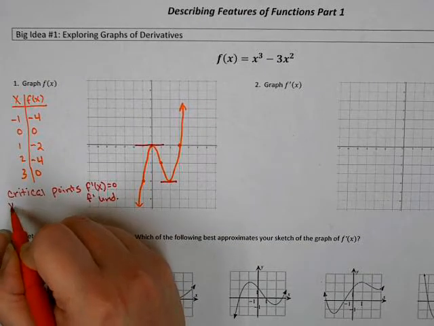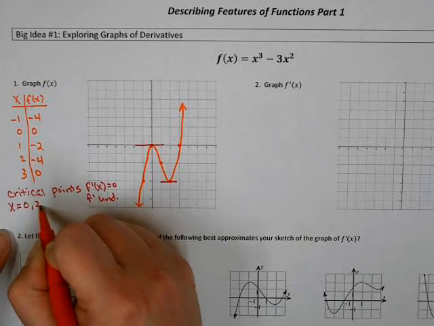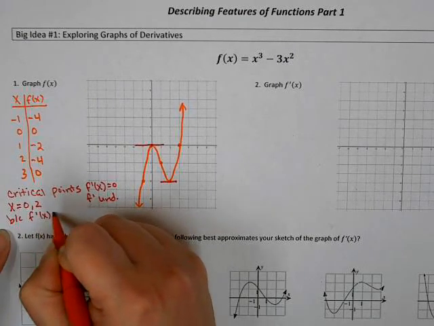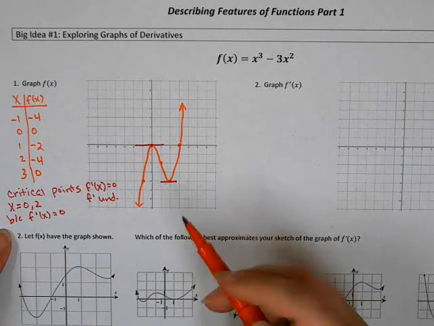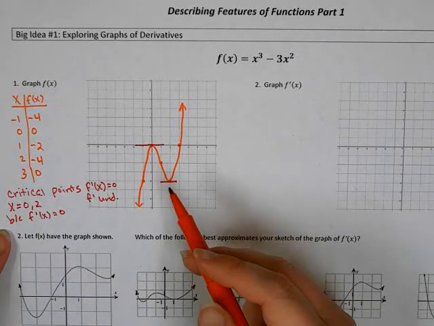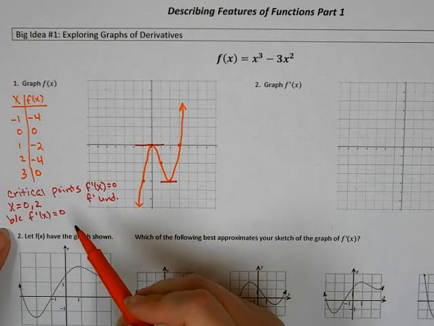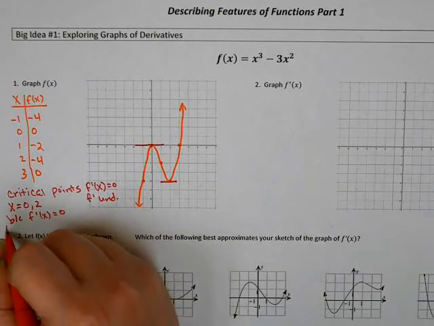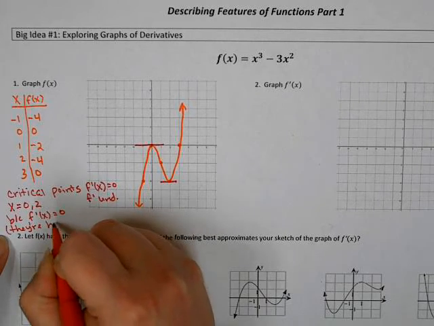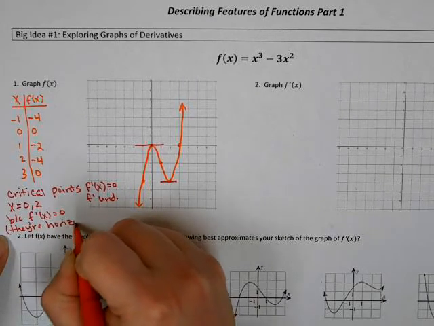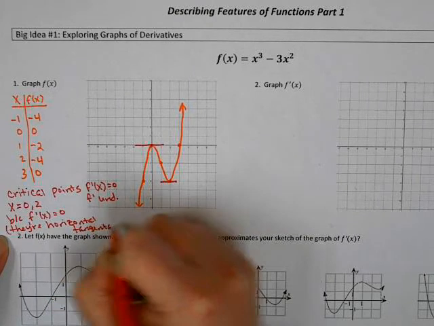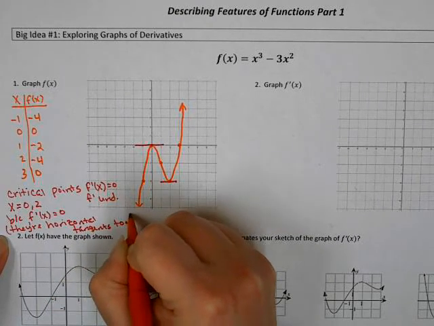So I have critical points at x equals 0 and 2 because f prime of x equals 0. There are no places here where the function is undefined because this is just a nice polynomial. Now if you notice, I also called them horizontal tangents. So I'm not going to write them again, but they're horizontal tangents too.